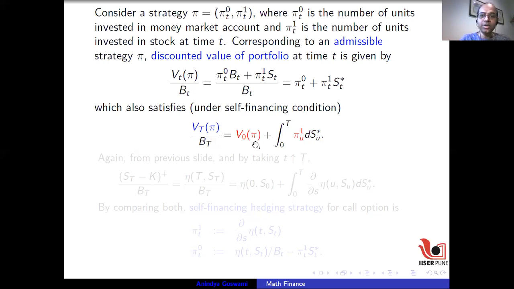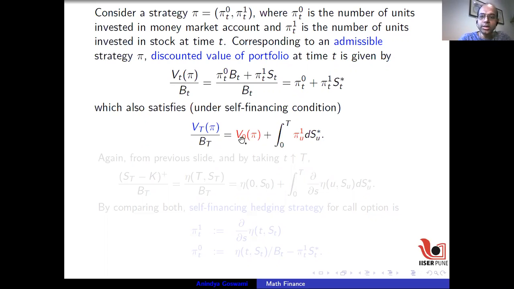I have colored red and blue here, and there is a very particular reason why I colored these. For the option pricing problem, we know nothing about V0 and π1.